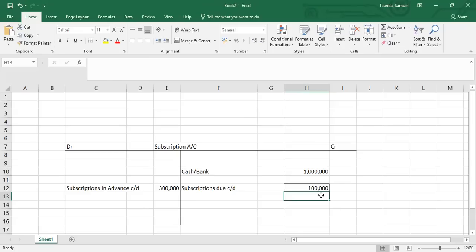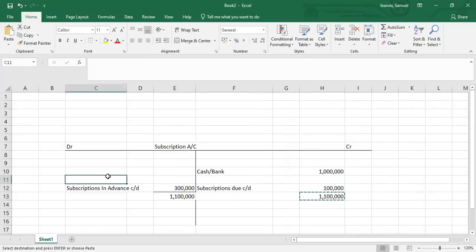So I'm going to balance off now. This side we have 1.1, which is the highest side. So we have 1.1. This will be the same total that we expect to be here. But since we have 300,000, it means now we shall have a balancing figure.